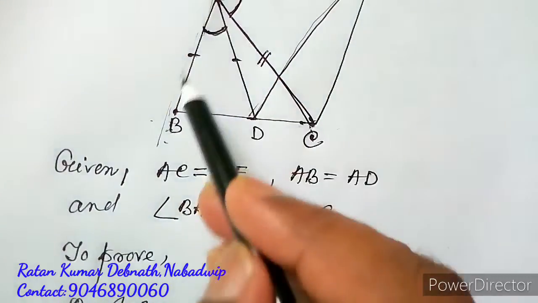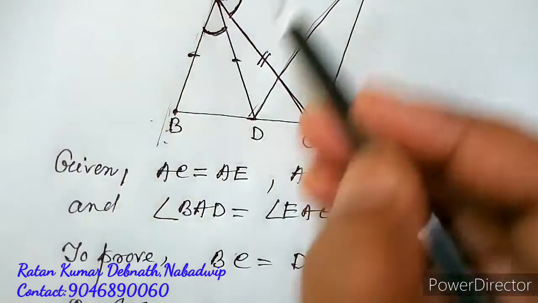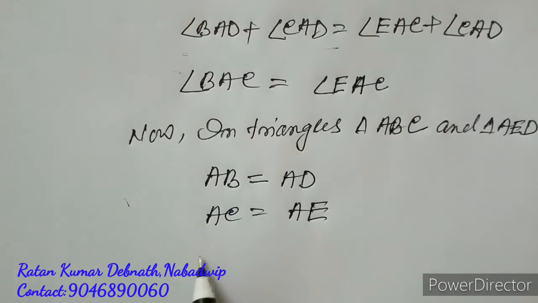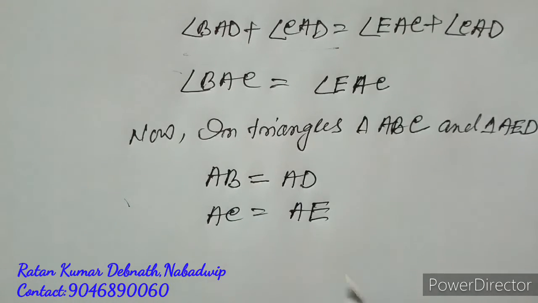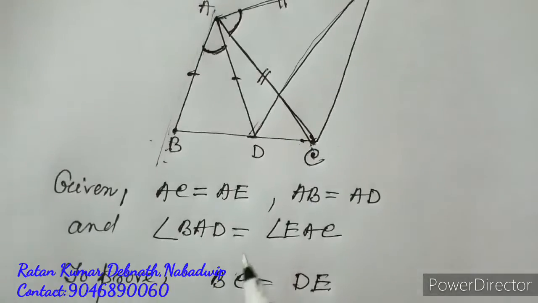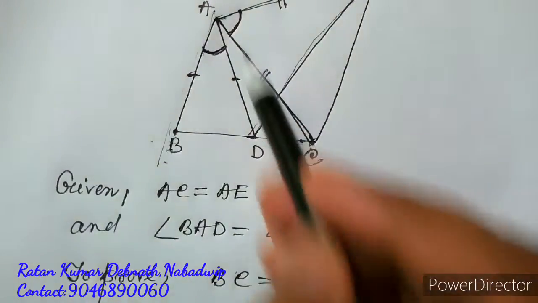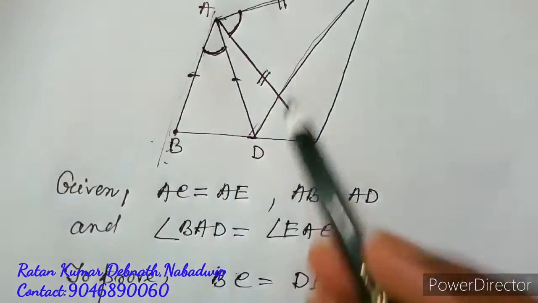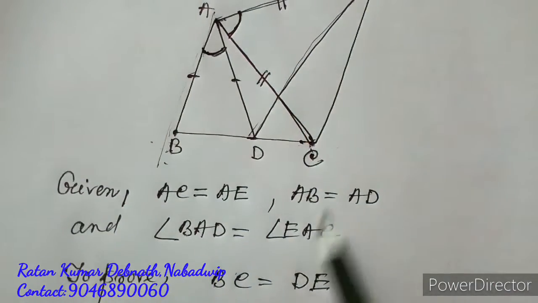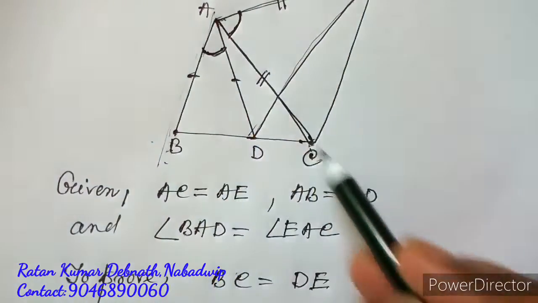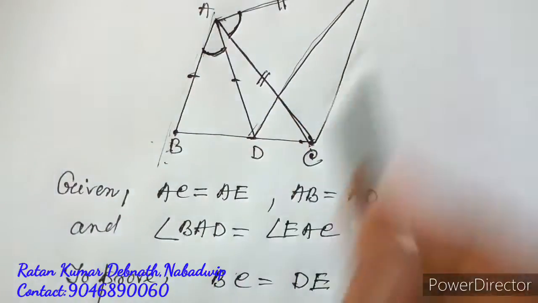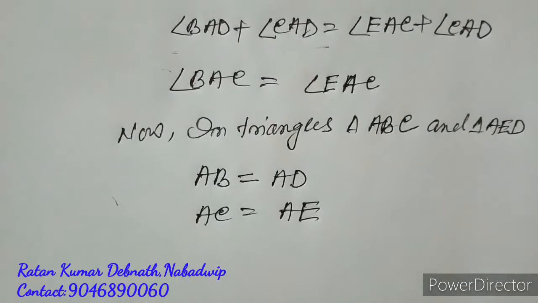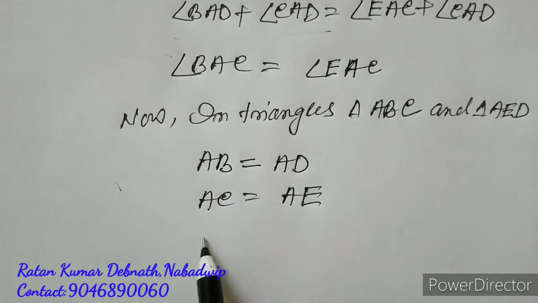In this triangle this side and in this triangle this side are equal. This is given. Side AC equal to side AE. This is also given. In this triangle ABC, side AC, and in this triangle AED, this side means side AE. So AC equal to AE is also given.